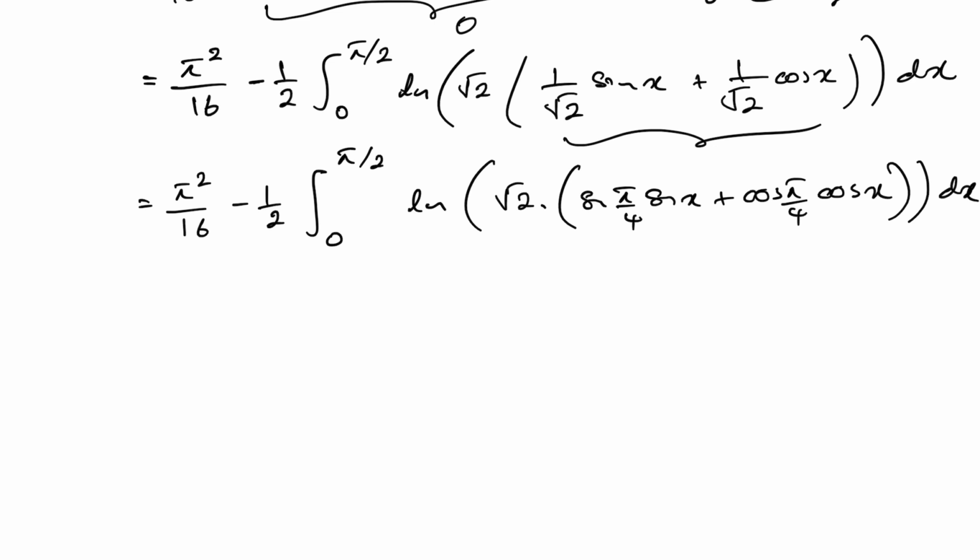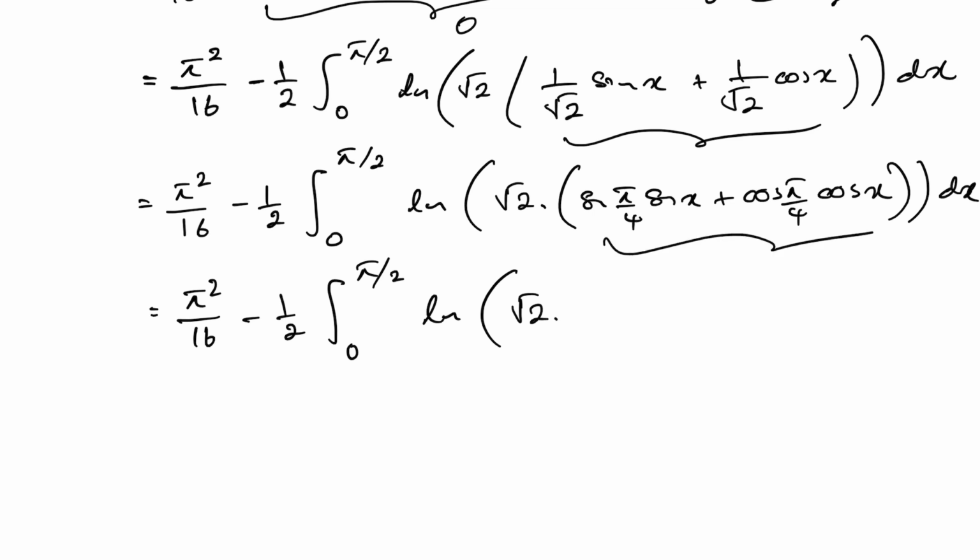Then we can simplify: pi squared over 16 minus 1 half, 0 to pi over 2, natural log of the square root of 2 times, now this part we can write by using cosine, so we know this one is equal to cosine of x minus pi over 4 and here dx.